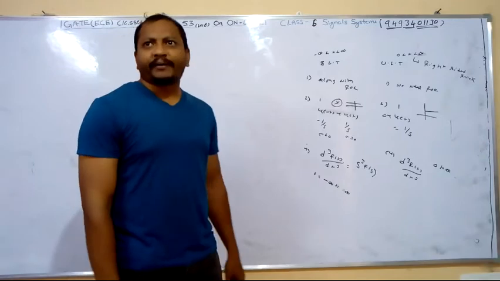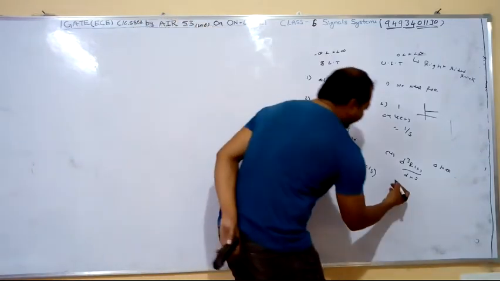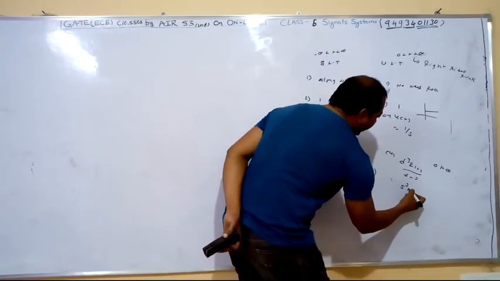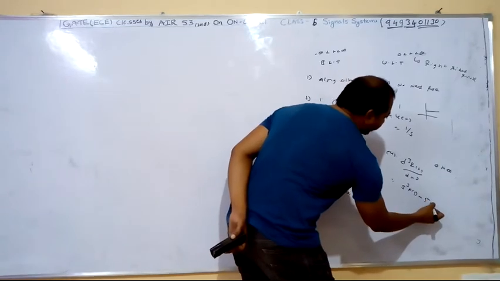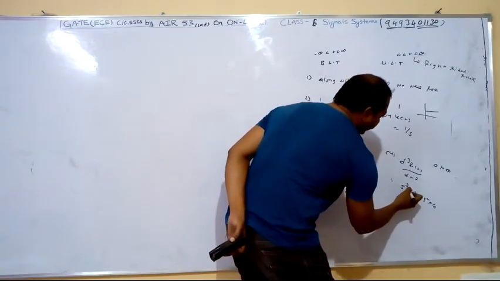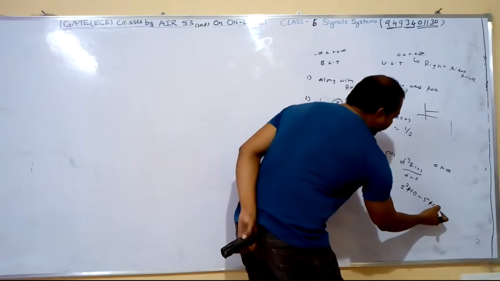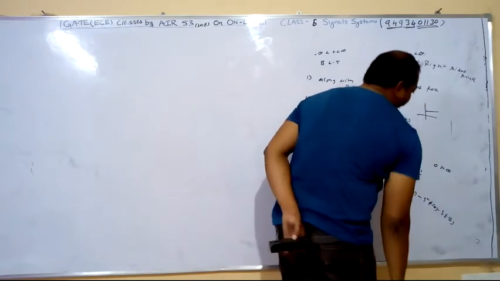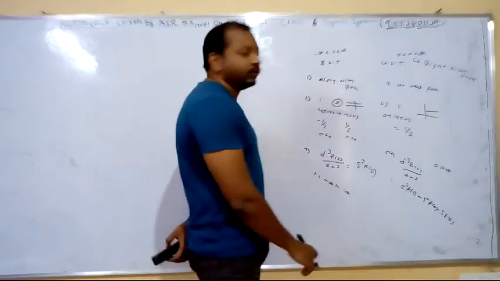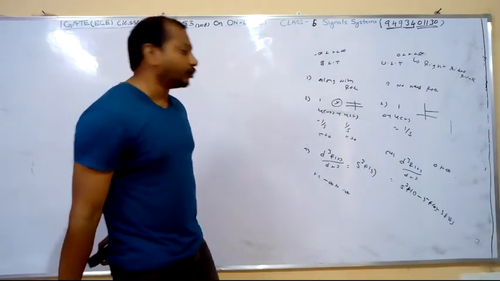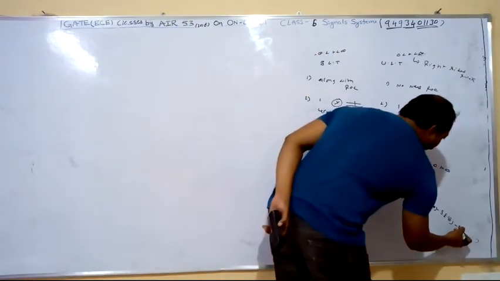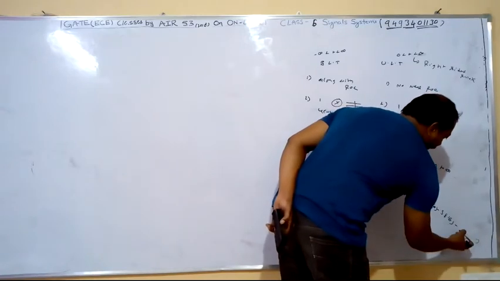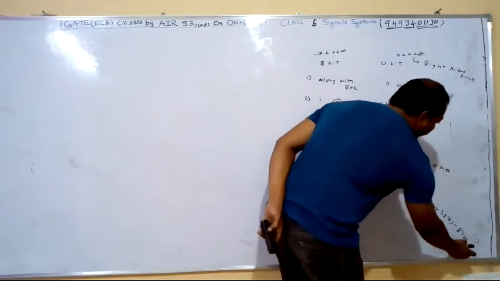So we have to subtract that something. Finally, the result is s cube into F of s minus s square into f of 0 minus s into f dash of 0, and so on, up to the term s to the power 0, minus s to the power 0, which is nothing but 1, into f double dash of 0.